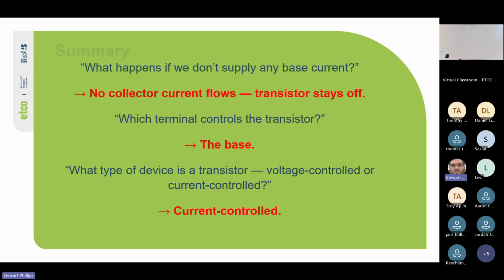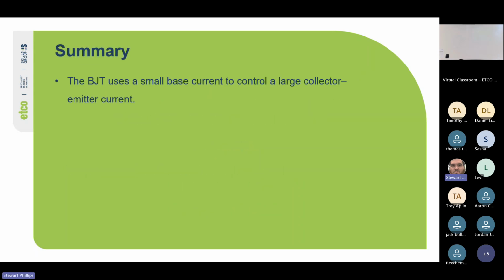Cool. So a bit of a summary. The BJT uses a small base current to control a large collector-emitter current.